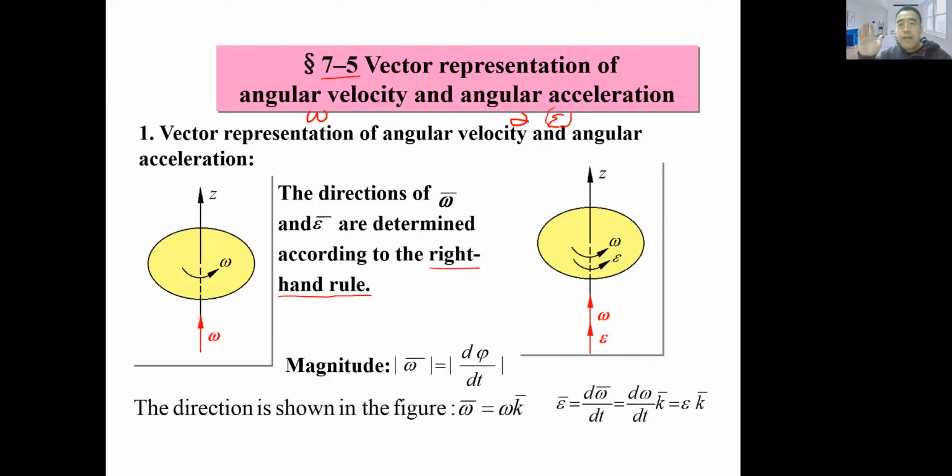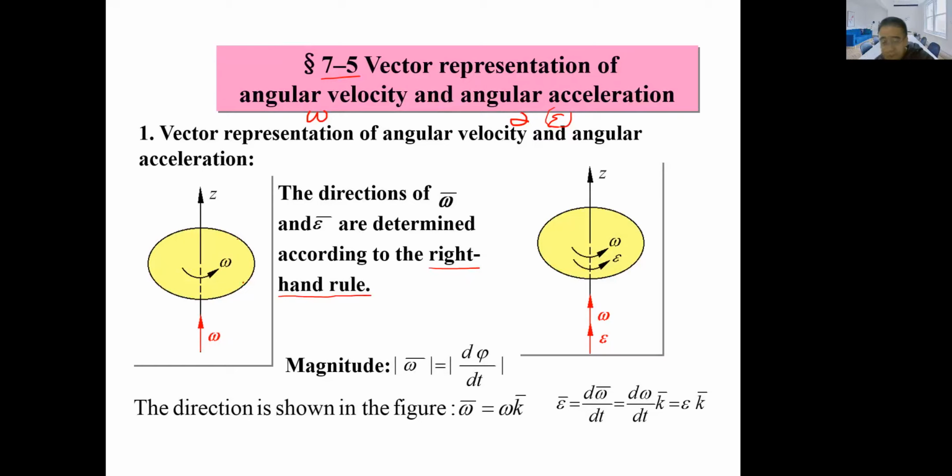First we let our four fingers fold along the direction of omega, right? Then you will find your thumb points along the positive direction of z. Why? Because the directions of omega and epsilon in the two figures are along the CCW direction, right? If we denote omega with CW direction, you will find it will be along the negative direction of z, right?